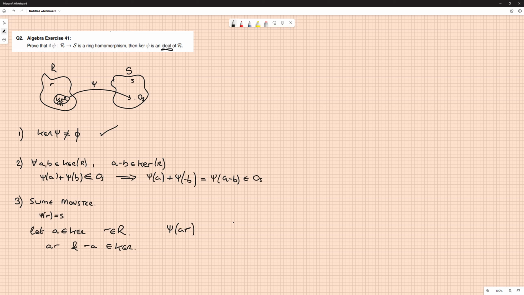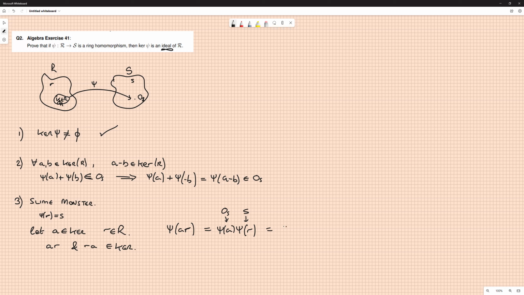If we do our mapping on AR, that's the same as the mapping on A multiplied by the mapping on R. Now we know that A exists within the kernel, so this maps to 0_S. And we've already defined this other part in such a way that it is little s.